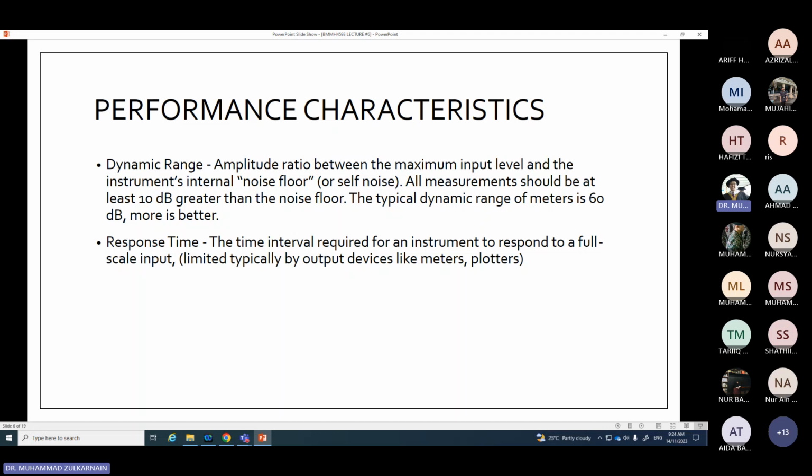So all measurements should be at least 10 decibel greater than the noise floor. That means if we create the source of the noise, and we measure at the level of the noise floor, the noise floor should be lower compared to the source itself, because the source itself we measure directly from the source.